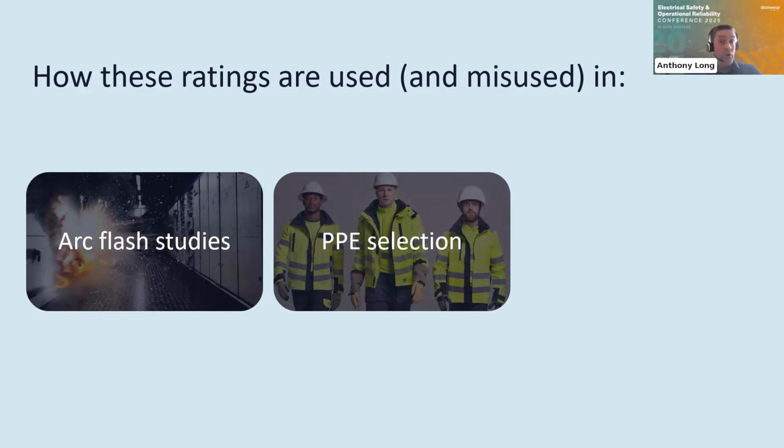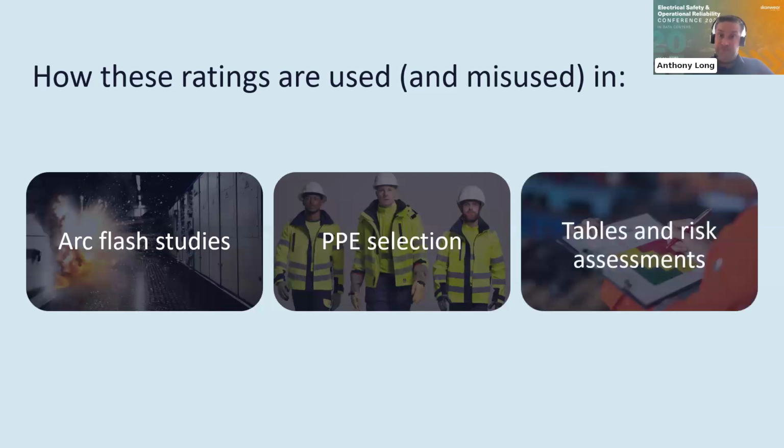Likewise, if you're doing category ratings, look for the category, or the incident energy level that you need in particular clothing, use that, and then refer back to what I talked about, ATPV, EBT, or if you need to layer up, take a look at our arc flash layering systems to see what works for you in the most practical way. At the end of the day, we're talking about saving lives, and we're saving lives by making sure that the correct PPE is used, rather than giving people PPE that's too heavy to wear, and then risk of exhaustion, which could actually end up more fatal, particularly if you're working around live electricity, than what you would get from a burn from an arc flash.